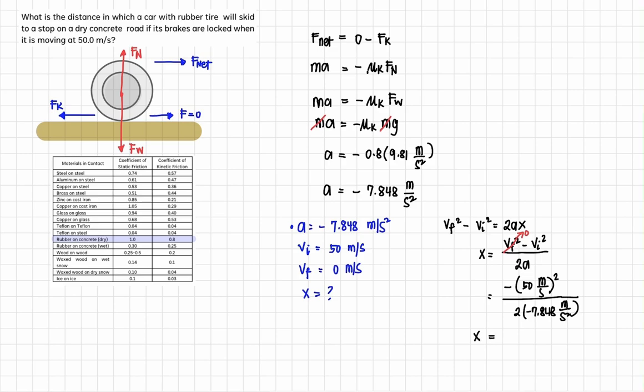So the distance traveled by a car before coming to a stop is 50 squared over 2 times 7.848, which is 159.2762 meters.